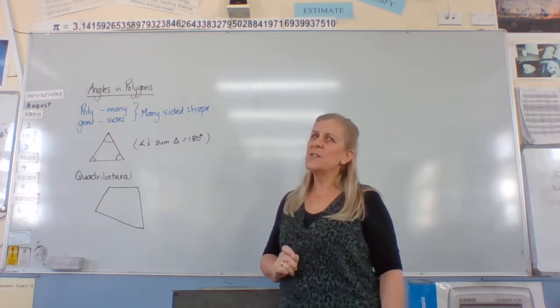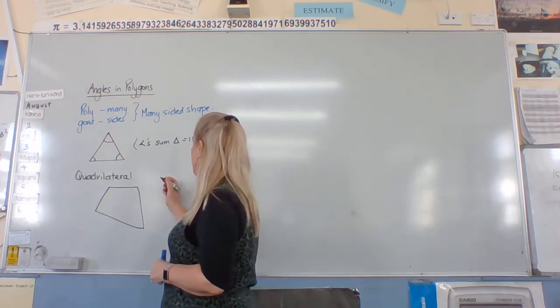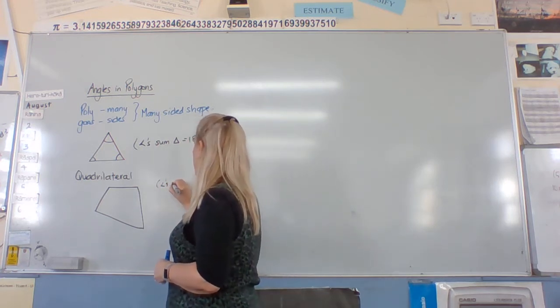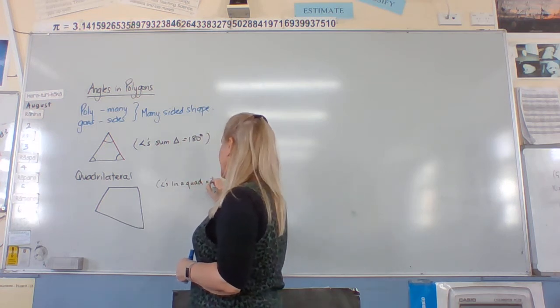Now, the question is why? So, angles in a quad equals 360.